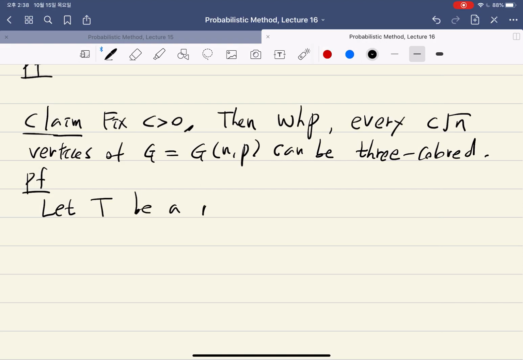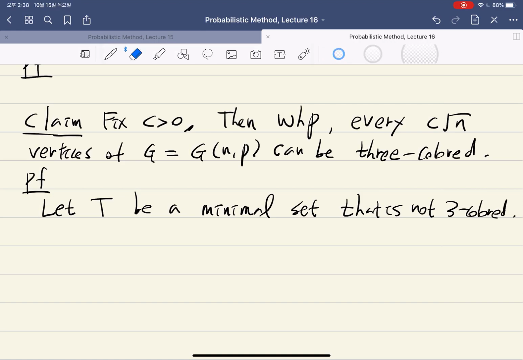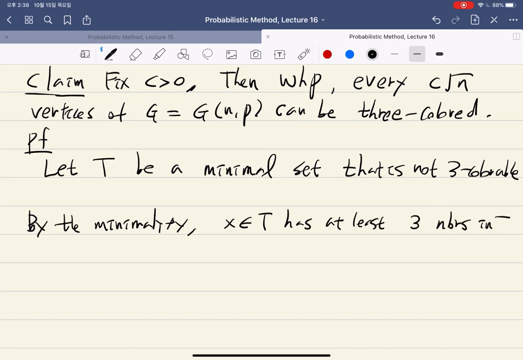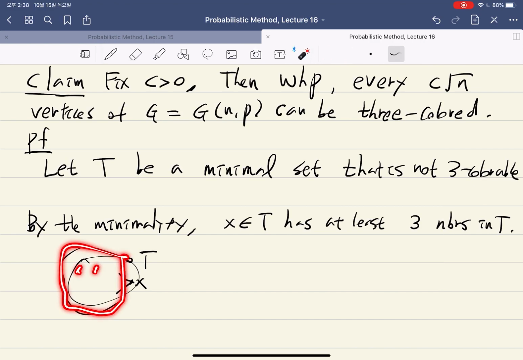So let T be a minimal set that is not 3-colorable. Then by the minimality, every vertex in T has at least 3 neighbors in T. It's easy to see that if x has 2 neighbors, then T minus x is smaller than T, so it can be colored with 3 colors.